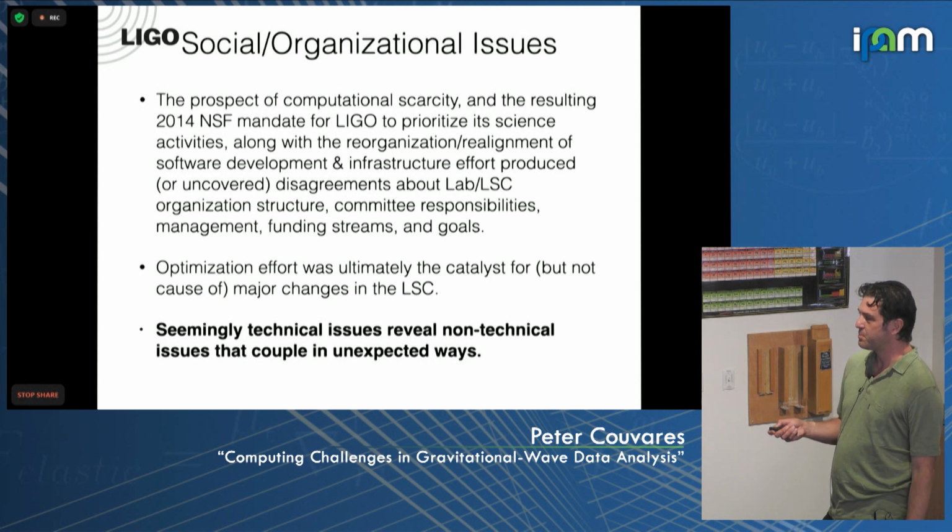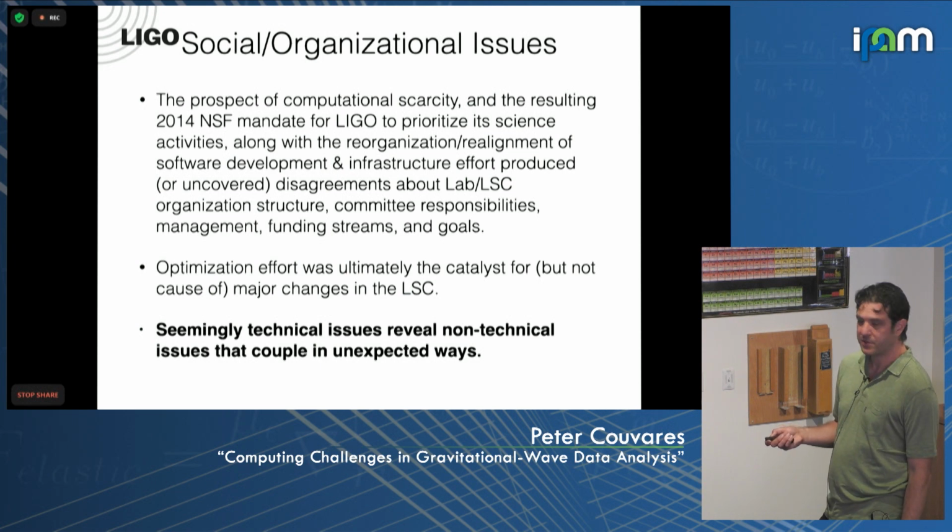This push ended up prompting thinking about all kinds of different scientific decision making in the collaboration, so it had very far-reaching consequences way beyond the technical. It was ultimately the catalyst for, but not the cause of, major changes in the LSC. So seemingly technical issues reveal non-technical issues that couple in very unexpected ways.